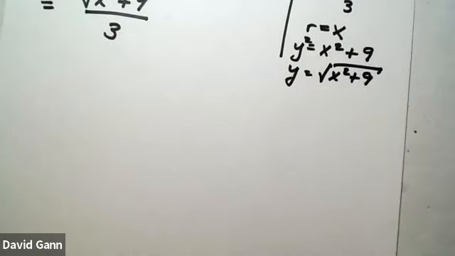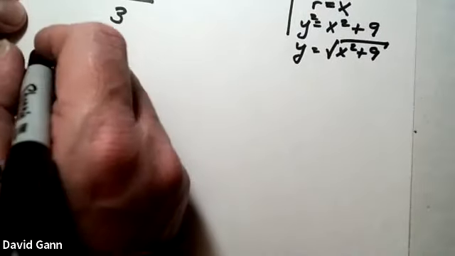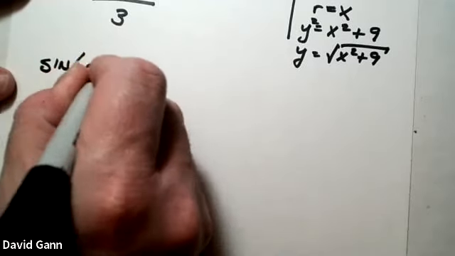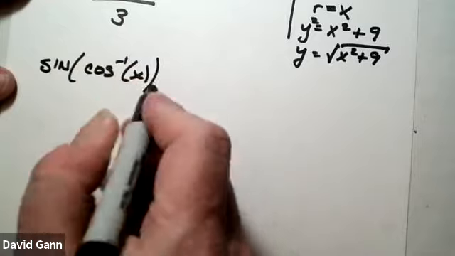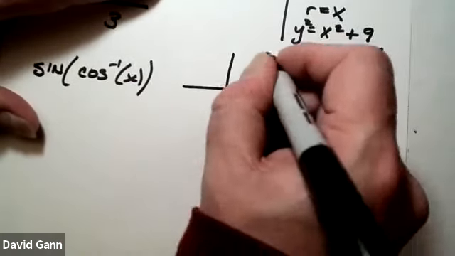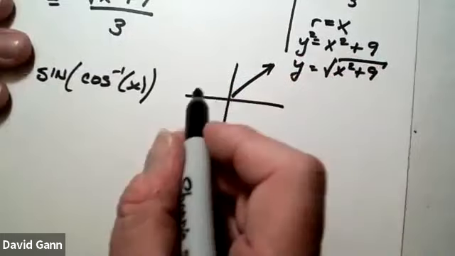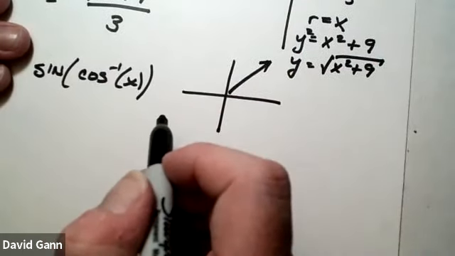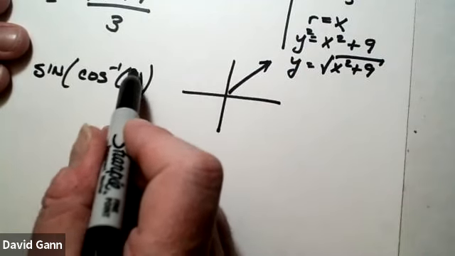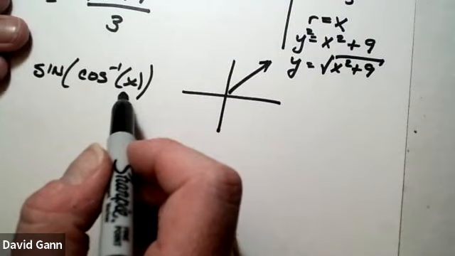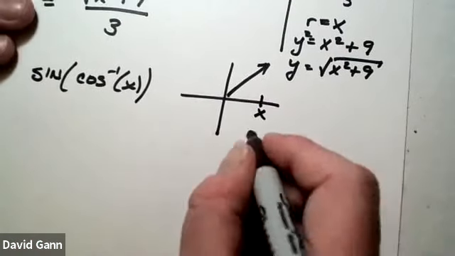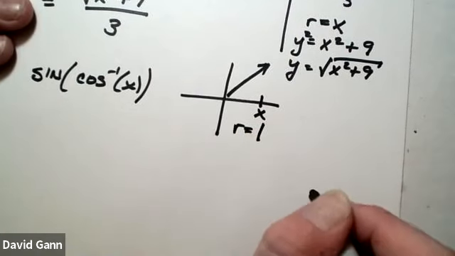Maybe another one that's kind of simple like this. Let's take the sine of the inverse cosine of x. And again, x is a positive number, so it's going to be represented by an angle in quadrant 1, inverse cosine. And in this case, it actually works out pretty well because this is x over 1, right? So that tells us that the x coordinate is in fact x, which is nice, and r is equal to 1.